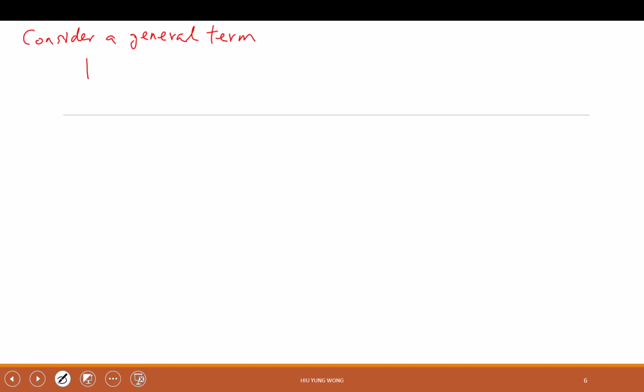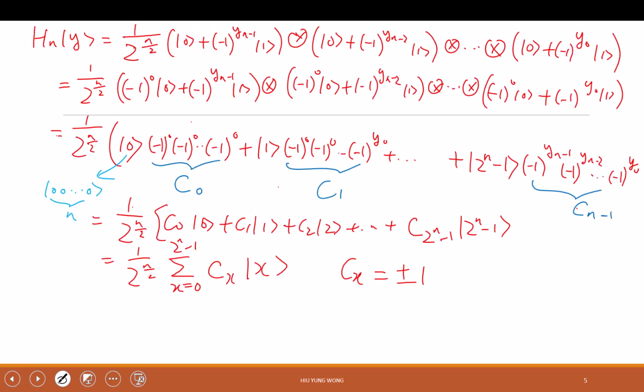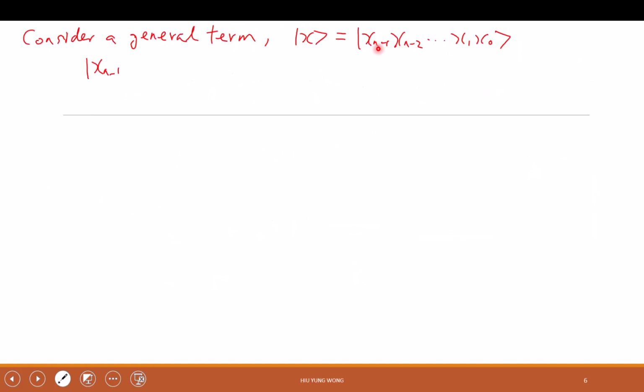So I have a general term x equals xn minus 1, xn minus 2, all the way to x1, x0. Again, it's n qubits. This x is the basis state, so again, it has n qubits. Make sense?